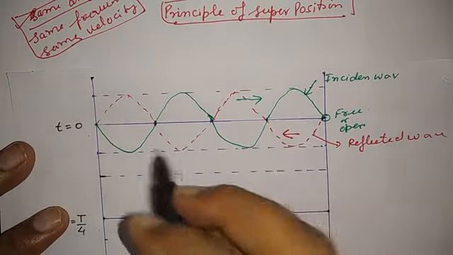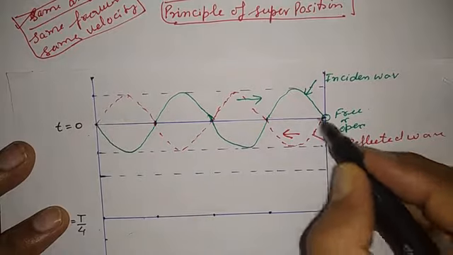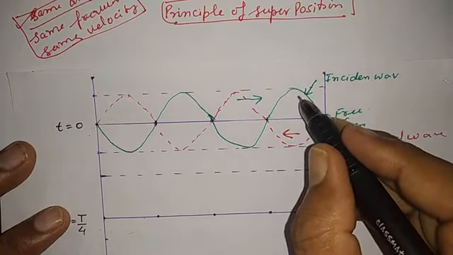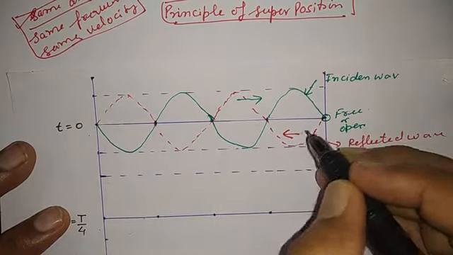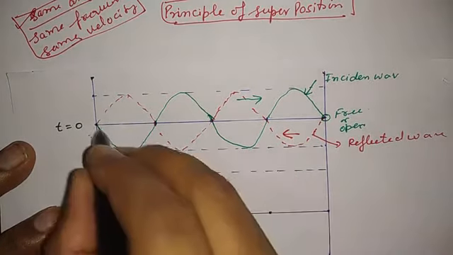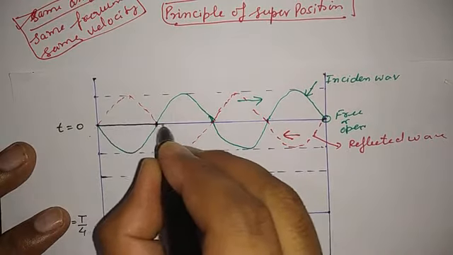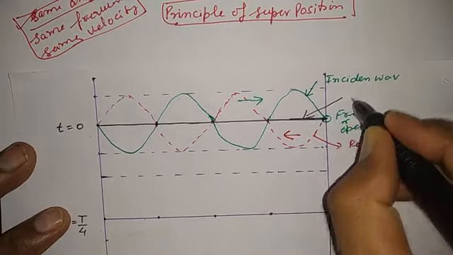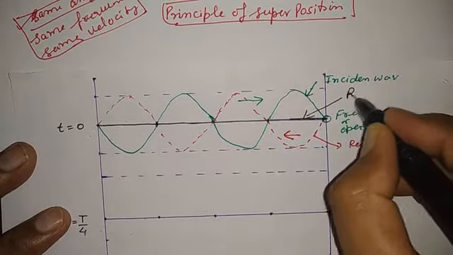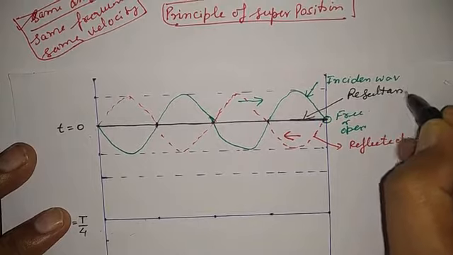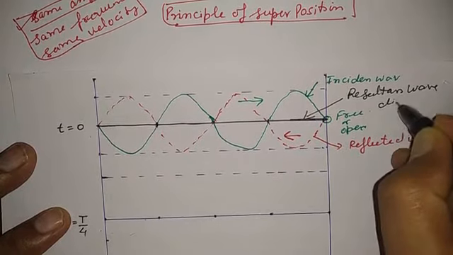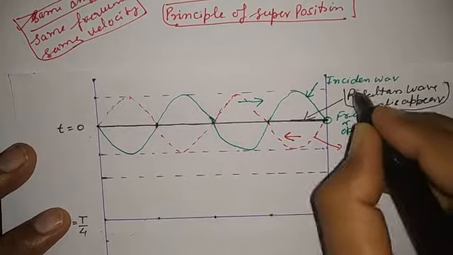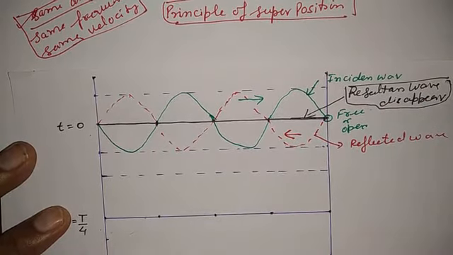Due to the incident wave, medium particles want to move upward and the reflected wave moves them down with equal amplitude. So the resultant wave disappears here. You see very carefully in this.